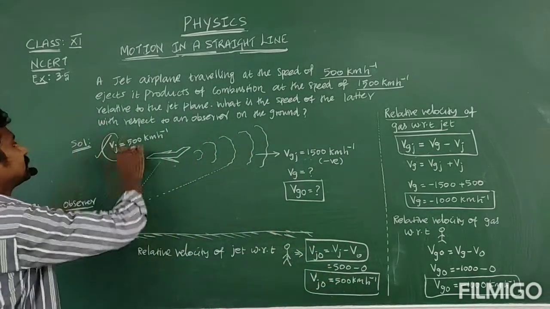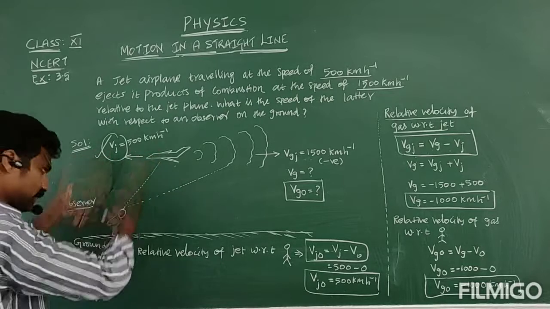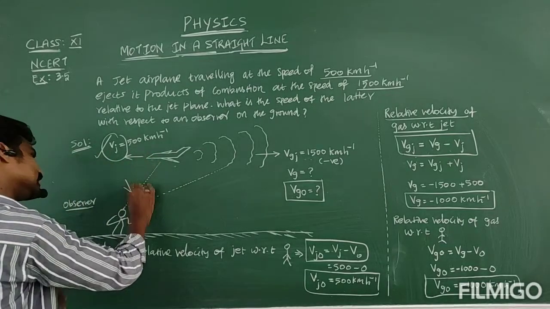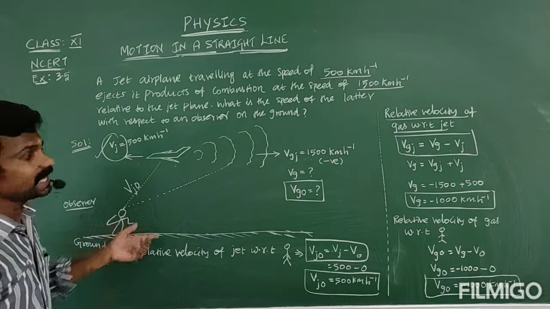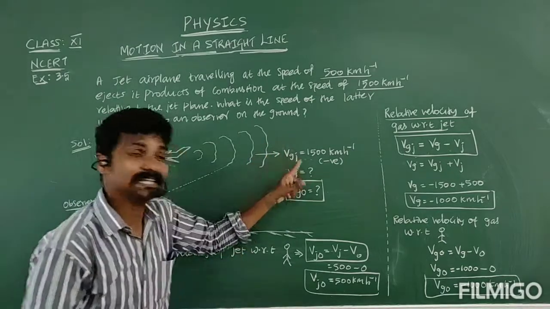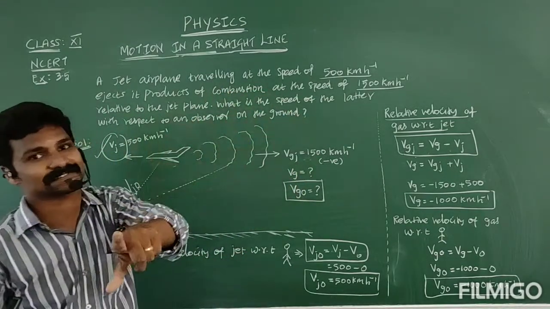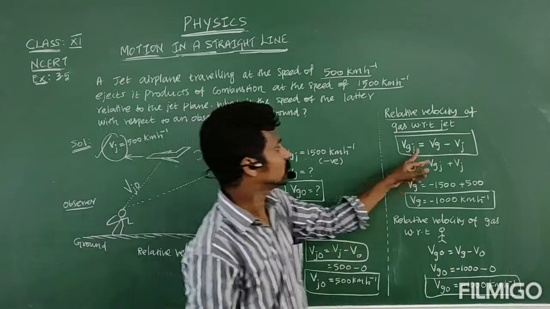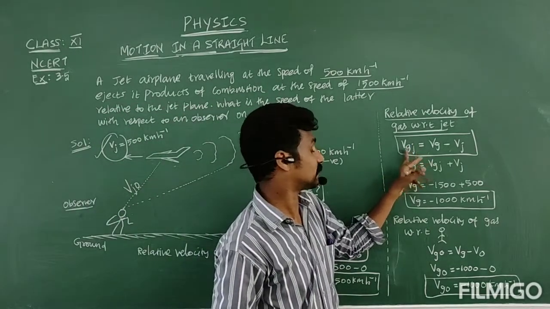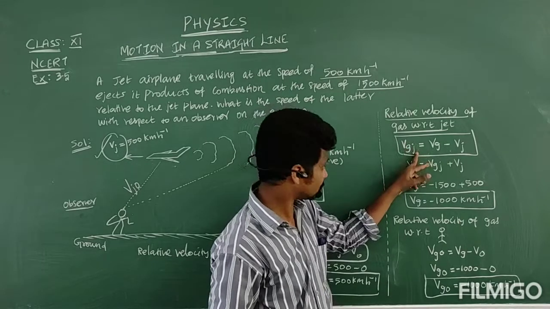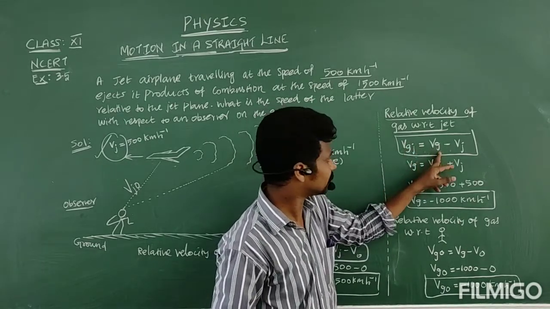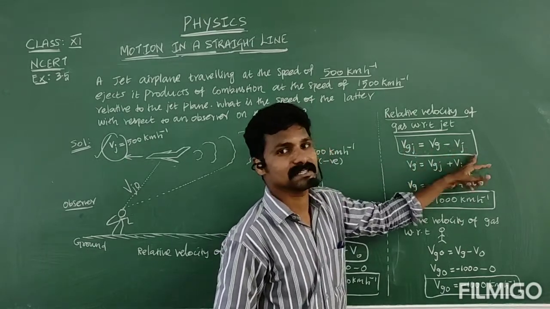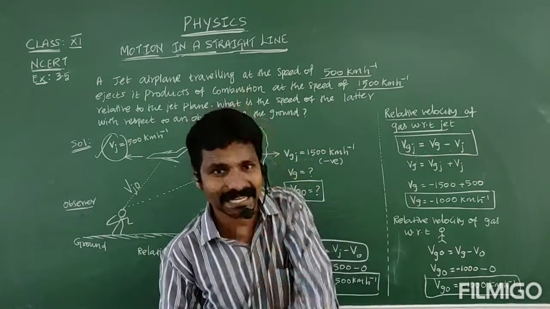Already you know the velocity of the jet, so easily we can find the velocity of the jet with respect to the observer. Like that, you should find the velocity of the gas alone first. Velocity of the gas with respect to the jet is equal to velocity of the gas minus velocity of the jet. So I need now the velocity of the gas alone.